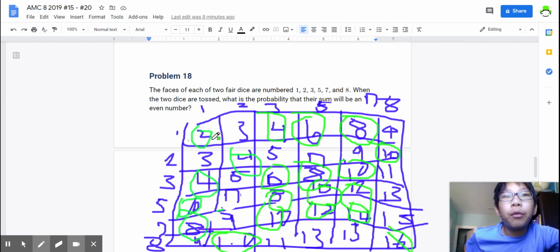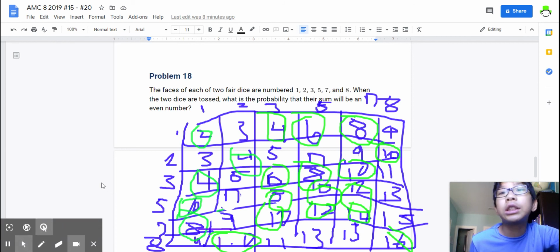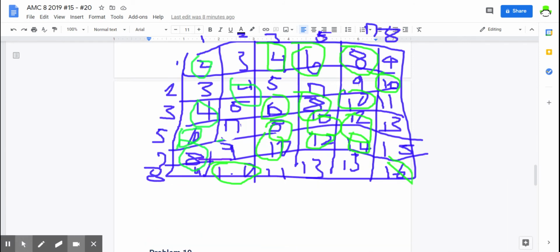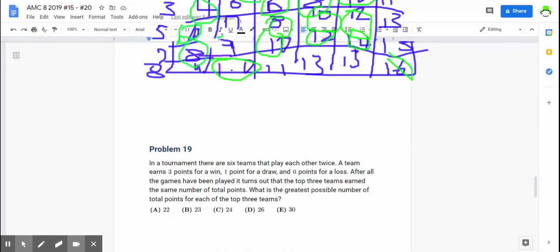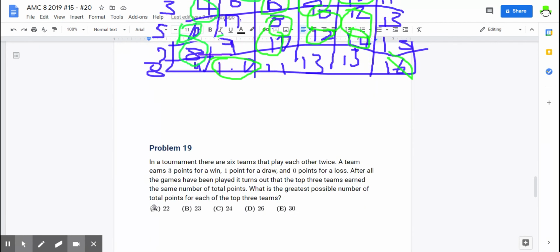So you can see that we have 1, 2, 3, 4, 5, 6, 7, 8, 9, 10, 11, 12, 13, 14, 15, 16, 17, 18, 19, and 20. And there's 36 total. So our answer is 20 over 36, giving us 10 over 18, which is 5 over 9. So our next problem, problem 19.